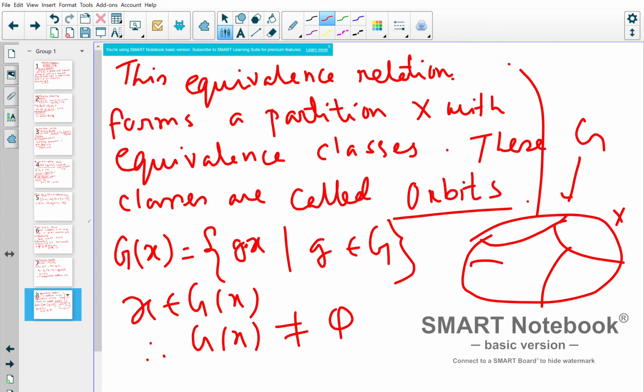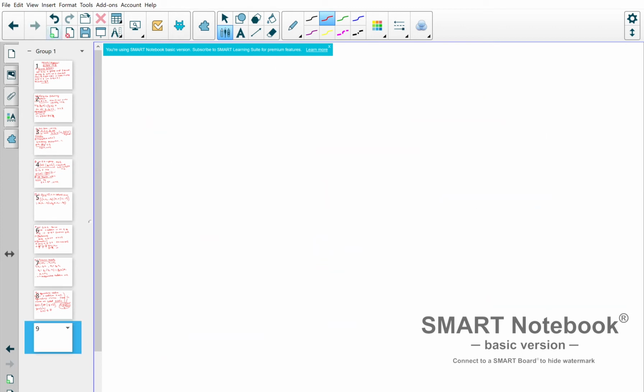These partitions are called the orbits. Then X is a union of these orbits, Gx1, Gx2, and so on, up to Gxk, right? Okay, clear.